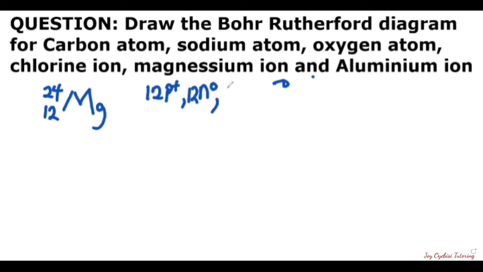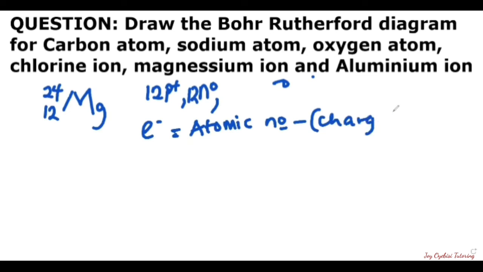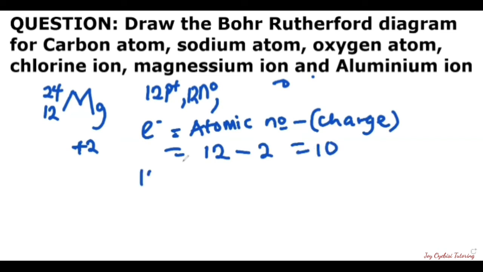And then the electrons, because this is an ion, it has a charge, will be atomic number minus the charge. Here we have 12 as the atomic number, and the charge of magnesium is +2. So it will be 12 minus 2, which will be 10. So we have 10 electrons.